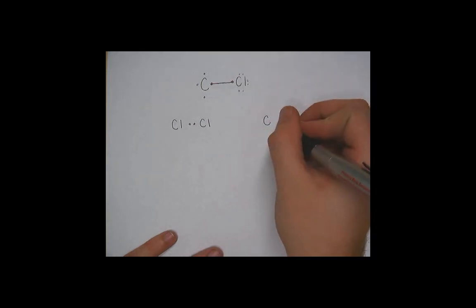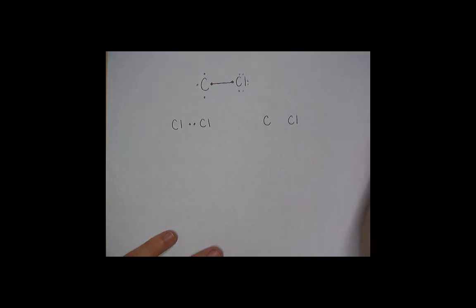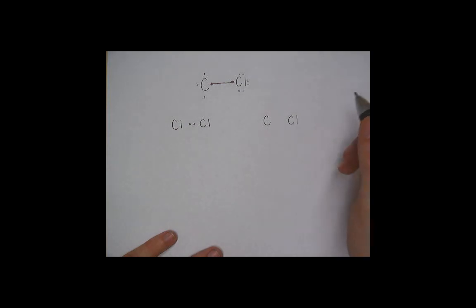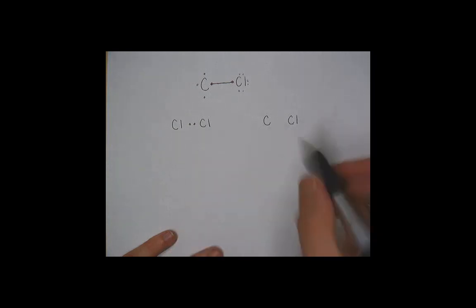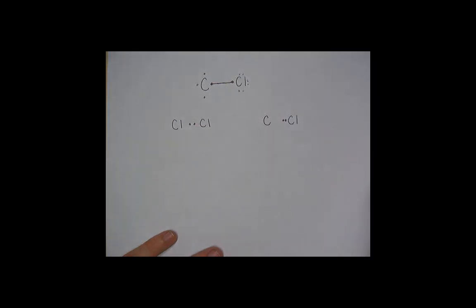But when carbon and chlorine make a bond, if you check your periodic trend of electronegativity, you can expect that chlorine is more electronegative than carbon. So rather than sharing the two electrons evenly like the two chlorines do, our chlorine gets a little bit more say over the electrons.